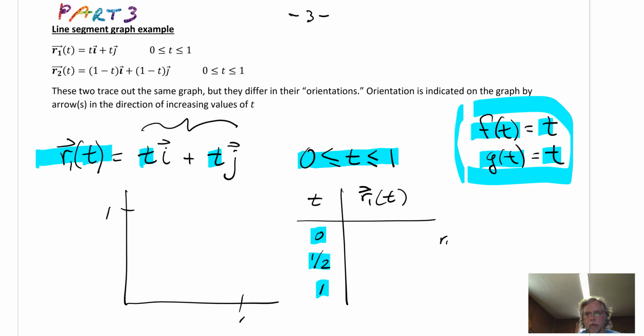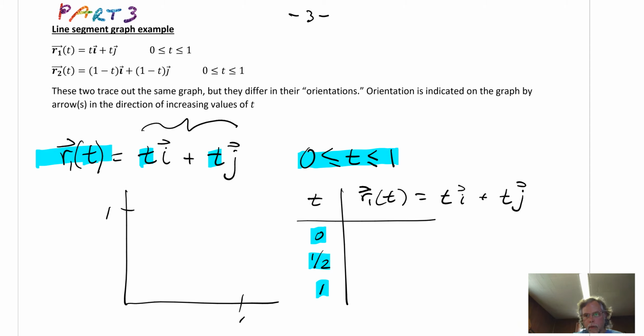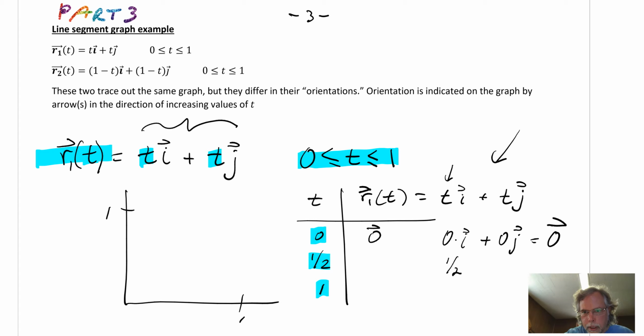So R1 of t is equal to t times i plus t times j. So we have 0 times i plus 0 times j, and that is written as the 0 vector. So here we have the 0 vector, and when t equals 1/2, what we're doing is plugging in for these t's.